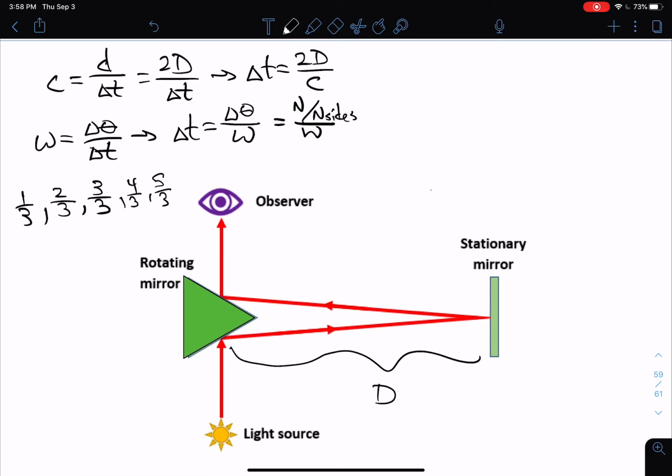So now, since both of these equal delta t, I can set this expression and this expression equal to each other. And so I have 2d over c equal to n, with n_sides in the denominator now.